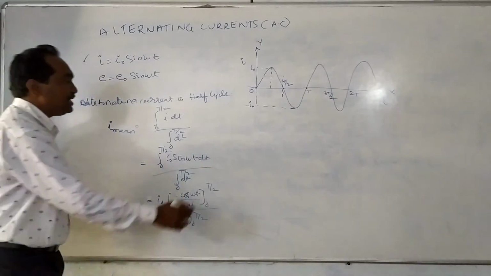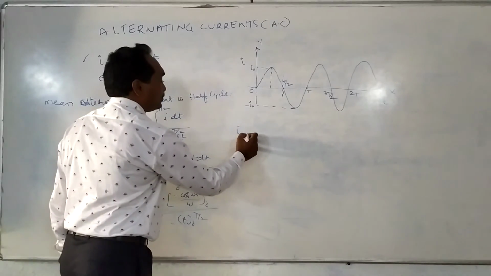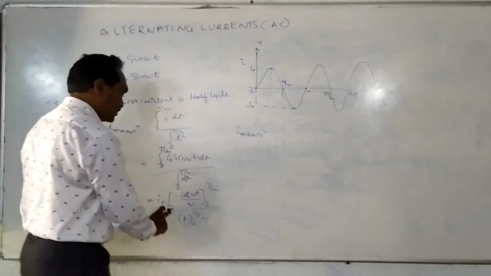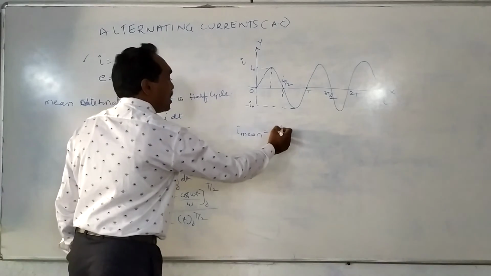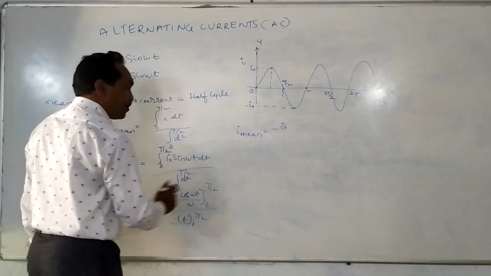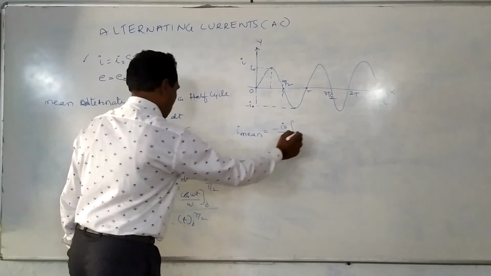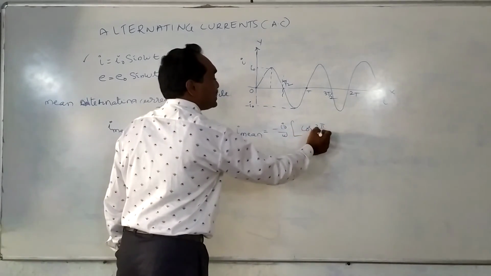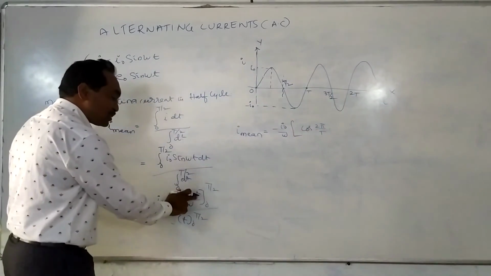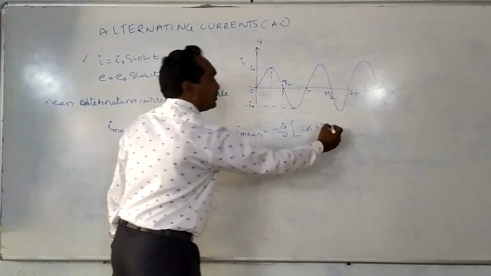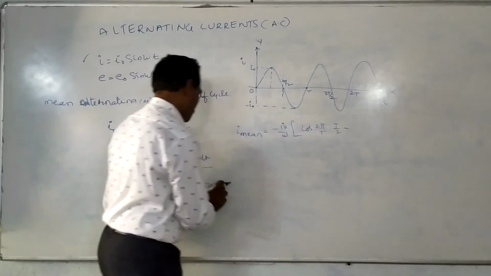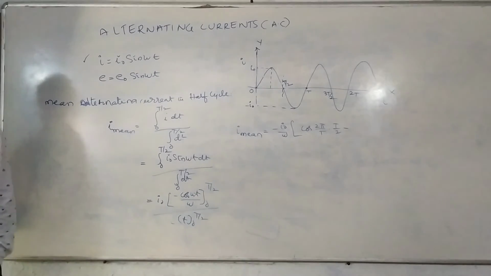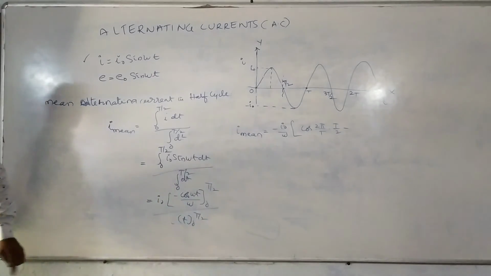That is, I mean is equal to minus I naught, omega is already there, same as usual, cos of omega t, where the small t is replaced by capital T by 2, that is the higher limit. Am I right?